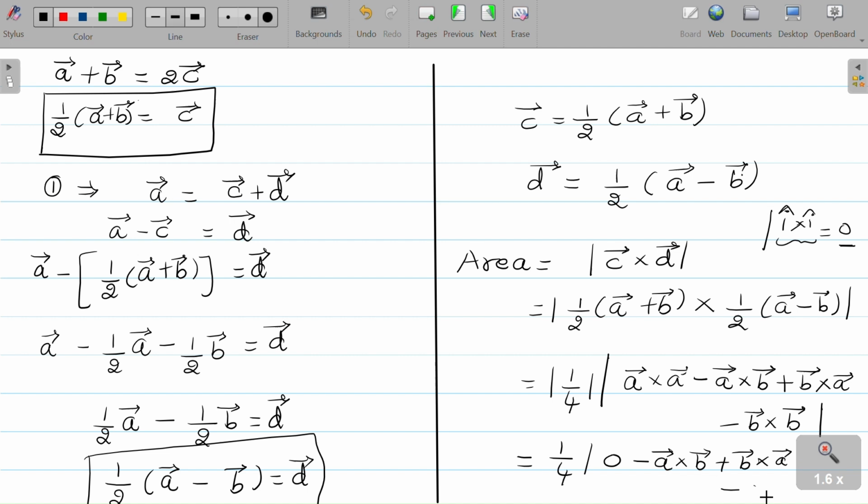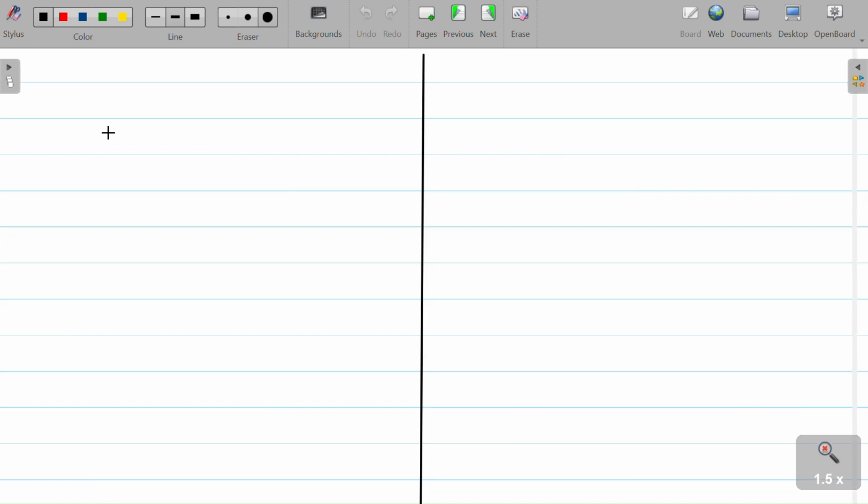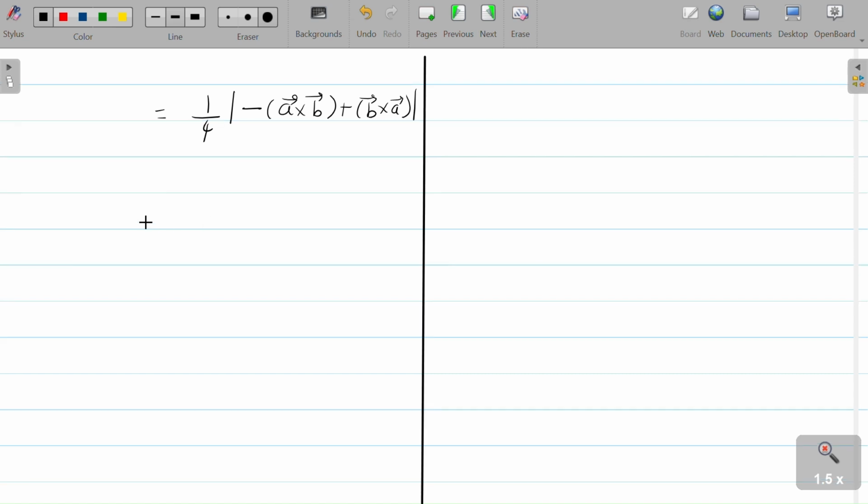So we have the remaining terms: 1 by 4 into modulus of minus A vector cross B vector plus B vector cross A vector. For B vector cross A vector we are going to use one rule, that is B vector cross A vector is equal to minus A vector cross B vector.